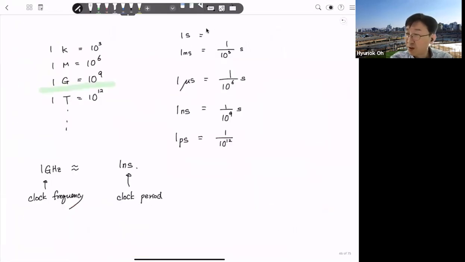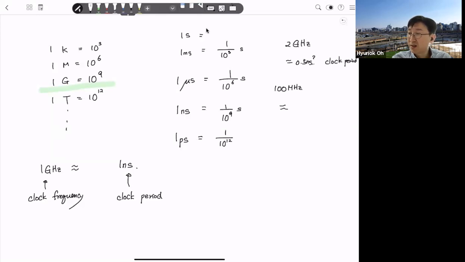So what if there is a 2 gigahertz machine? Then what's the clock period? Can you type in the chat window? Yeah, 0.5 nanosecond. What about 100 megahertz?